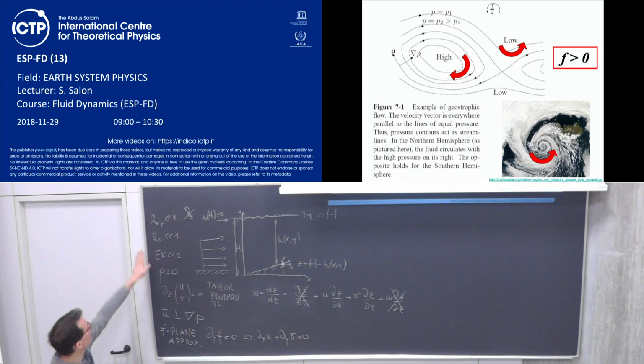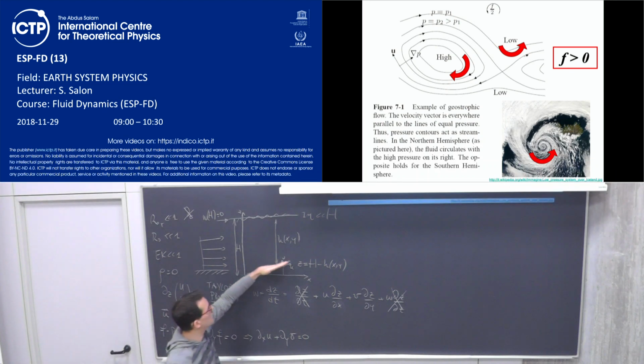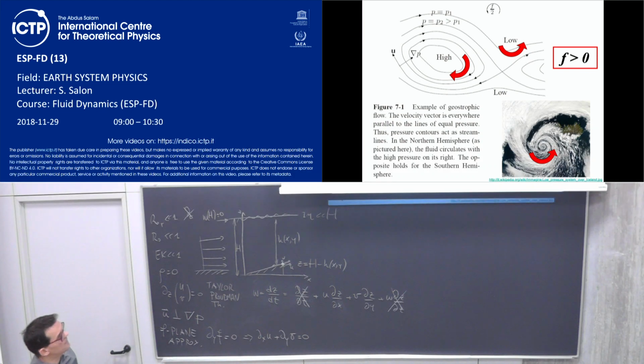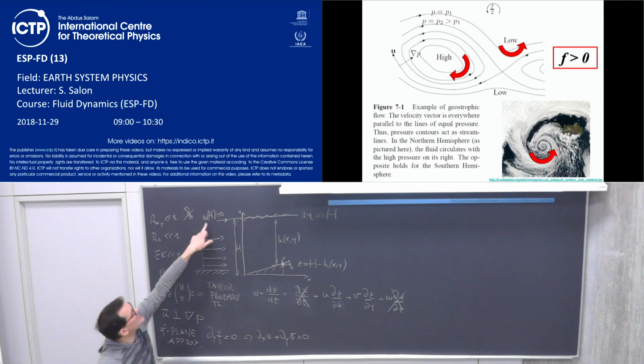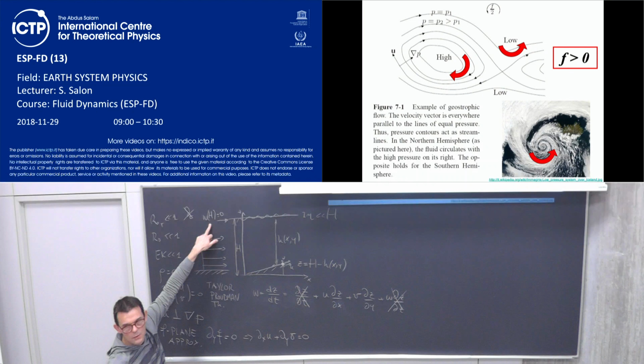Don't forget that when we are working with the geostrophic flow, somehow we are losing a boundary condition related to the friction, because we lost the second derivative, which was related to horizontal and vertical friction. So we have to somehow allow slipping on the bottom. But here we can say that w at H is equal to 0.